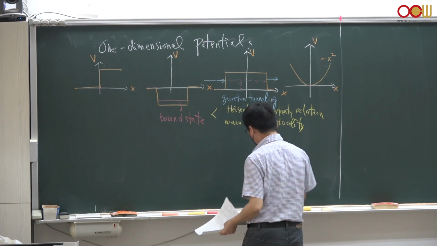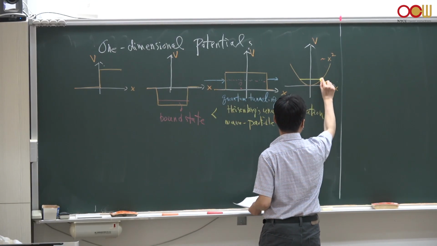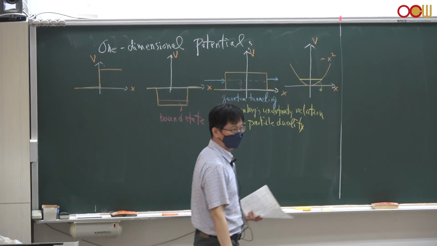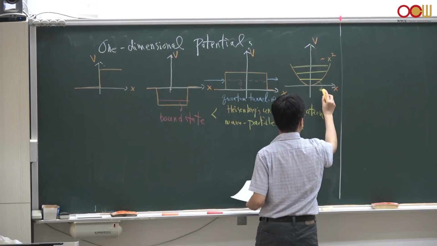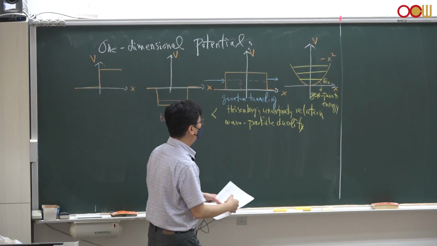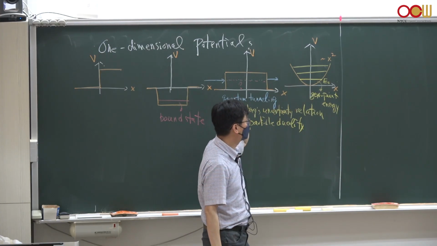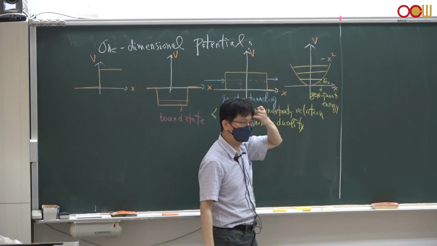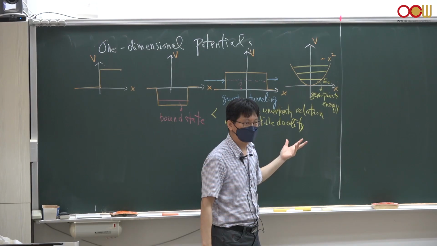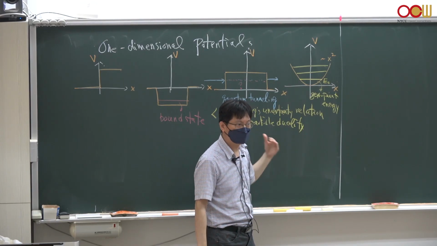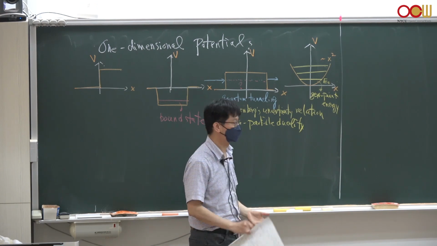And another equally important concept is the finite ground state energy, or zero-point energy. For example, in the harmonic oscillator problem, we'll show that the lowest energy state, or the ground state, has energy that is larger than 0, which means that the ground state energy is not a zero energy state.